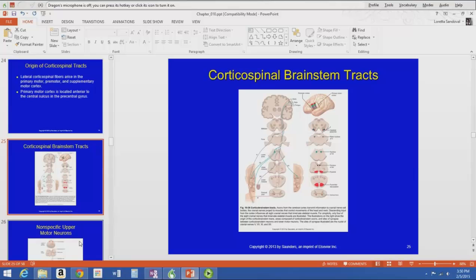So no matter where a spinal cord injury happens, it's going to happen after the crossover, so the motor effects are always going to be on the contralateral side if you have a hemisection of the cord. So just know that the descending motor tracts all cross over in the brainstem. None of them cross over lower like the sensory tracts.